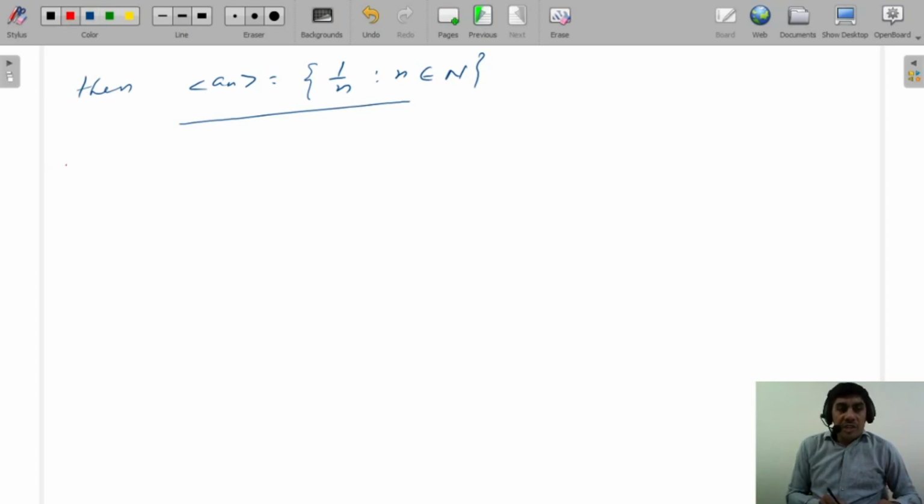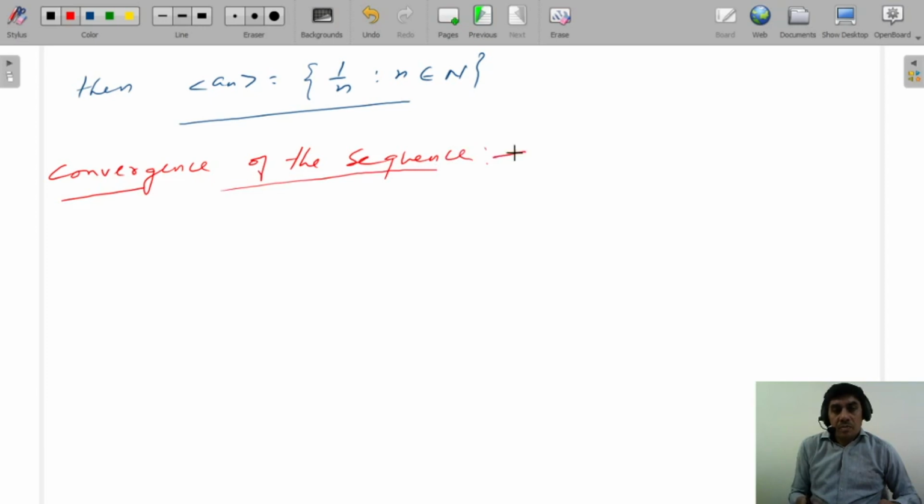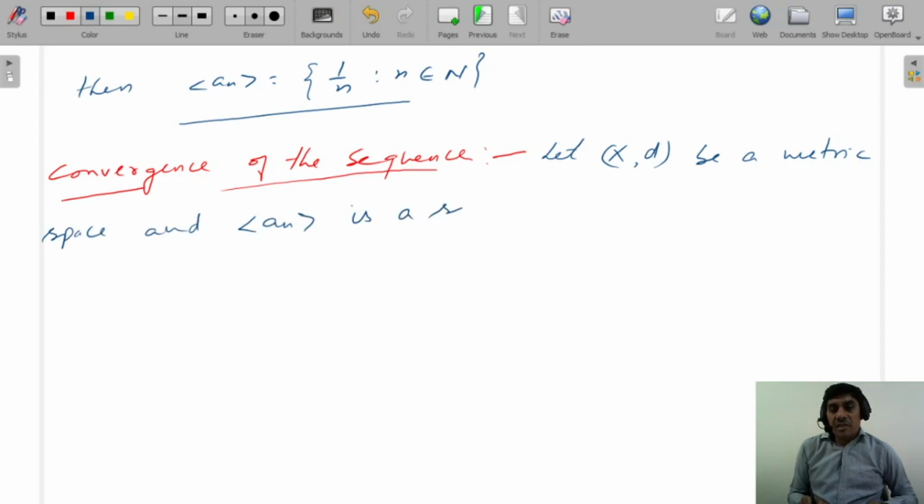Now the convergence of the sequence. Let (X, d) be a metric space and (a_n) is a sequence in (X, d).